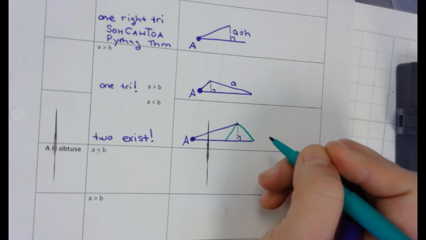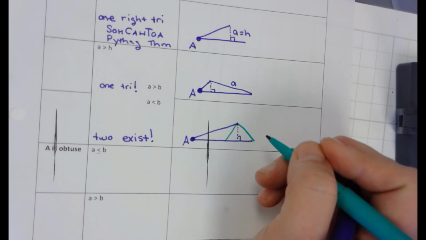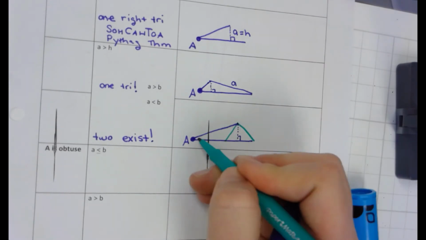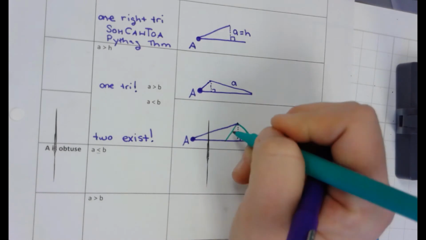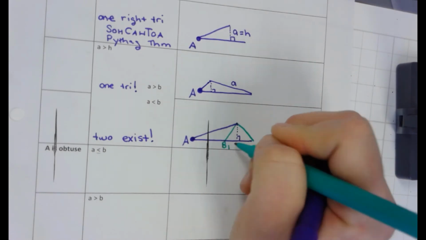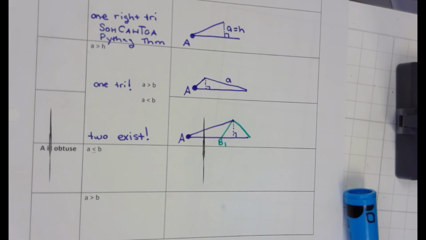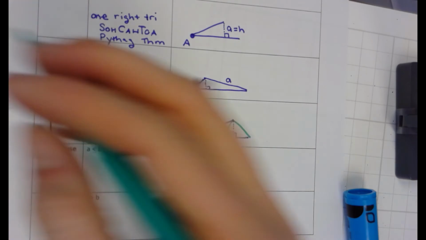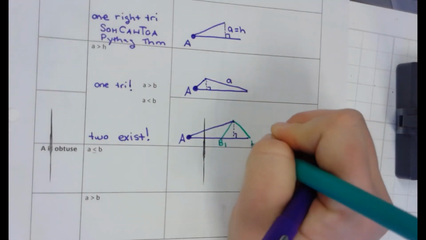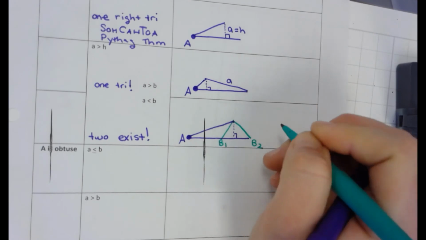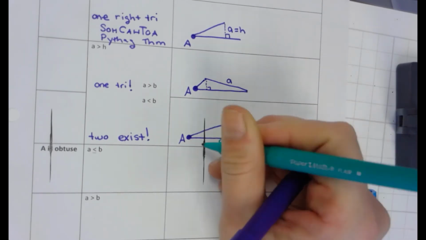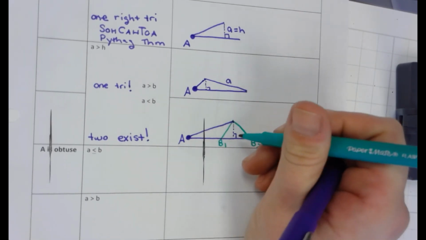And so if this is going to happen, you have to give me two possibilities. So I'm going to call again A to B1. It's a smaller triangle. And he's going to have the obtuse angle. And then A to B2 is going to be the larger triangle. He's going to have the acute.